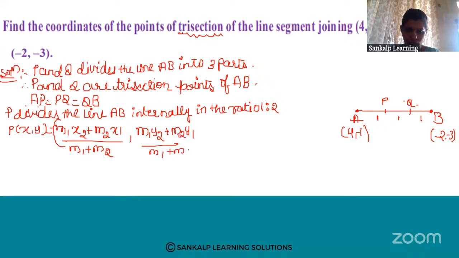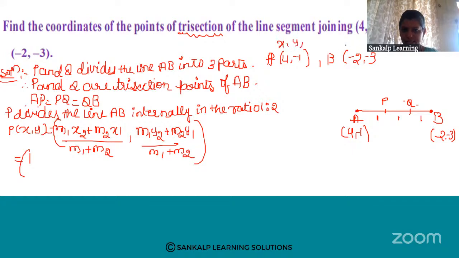This is the section formula, right? Now, m1 value is 1 and m2 is 2. A is (4, -1) and B is (-2, -3). So this is x1, y1 and this is x2, y2.